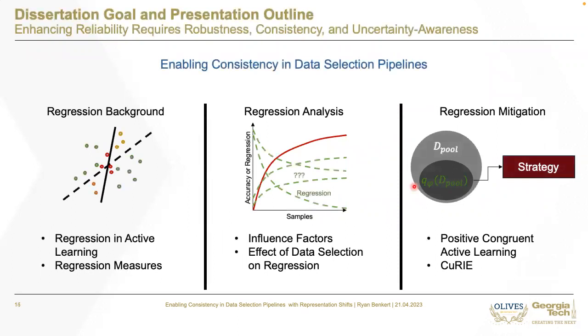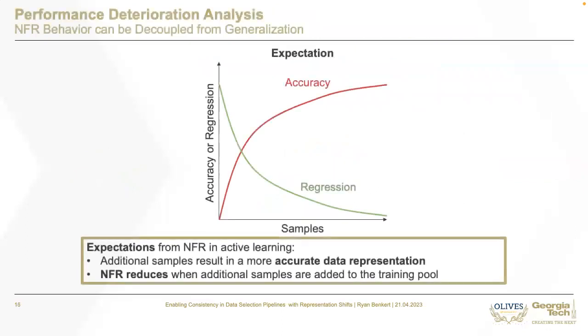So now that we took a look at how we can measure regression and how it fits into this framework of active learning, I want to dive into these influential factors of what causes regression, right? And what effect it has on the data selection process. I want to look at several different things. But before we dive into that, let me go over what you would expect.